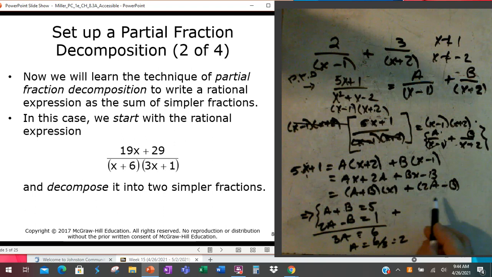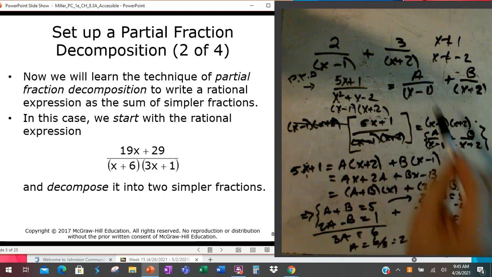Now, how about the B? Well, once we got this, then I've got 2 from here. 2 plus B is equal to 5, minus 2, minus 2. So B is equal to 3, which is what we got here, okay?